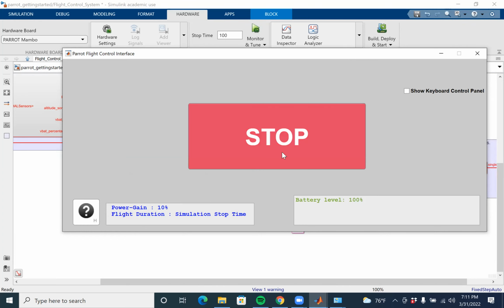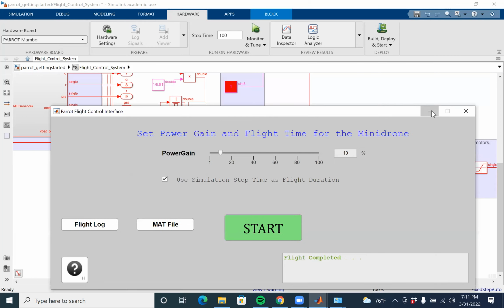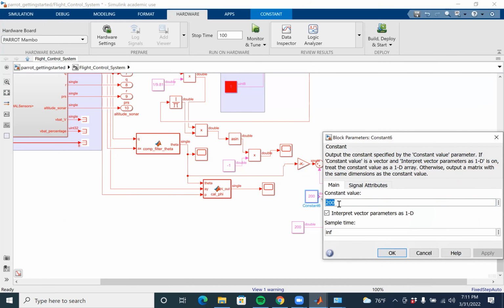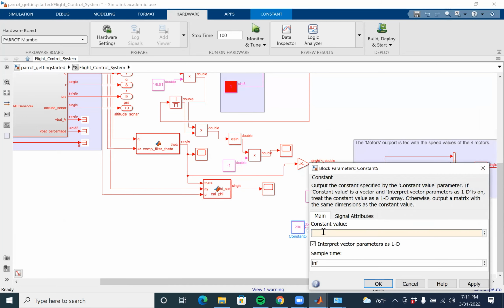It's not easy to see, right? So what if you want to check if your algorithm is working or not? Make this 0. Make this 0.